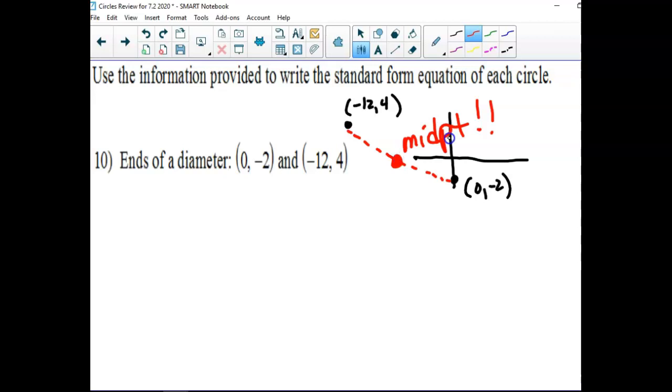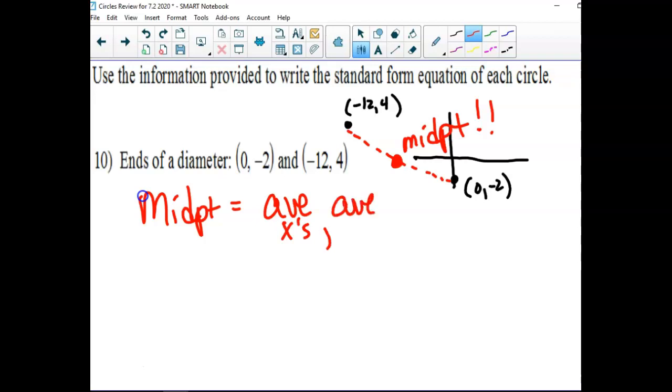Okay? Midpoint is easier. Do you remember how you do midpoint? Average the x's and average the y's. And how do you average two numbers? Yes. X plus x divided by 2.